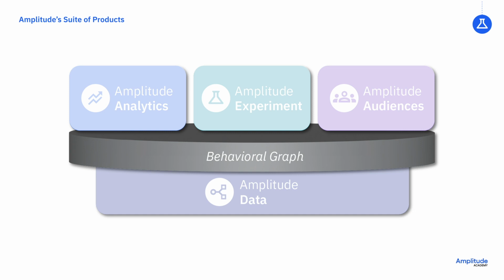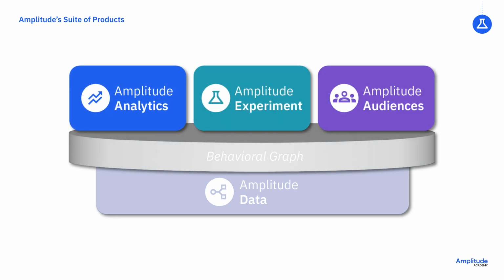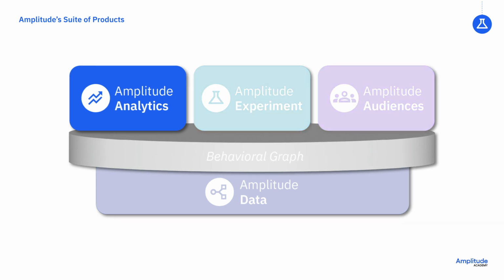The behavioral graph is the back-end technology that powers our next three products: Analytics, Experiment, and Audiences. Amplitude Analytics delivers to you self-service insight into product data, so all teams have visibility into your user behavior and can make data-driven decisions fast.